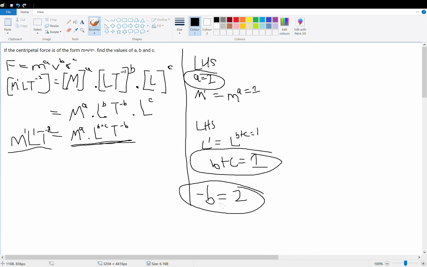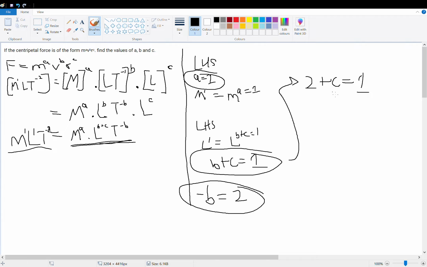So now, since we know a and b, we substitute b in b plus c. So b is 2, and 2 plus c is equal to 1.